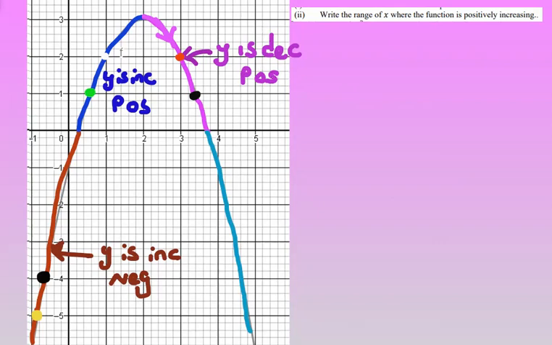All right, let's go to the last part. Let's mark 2 points, a red one and a green one, just to get an idea of the behavior of the function during that period.